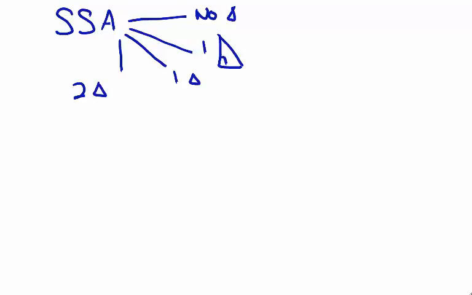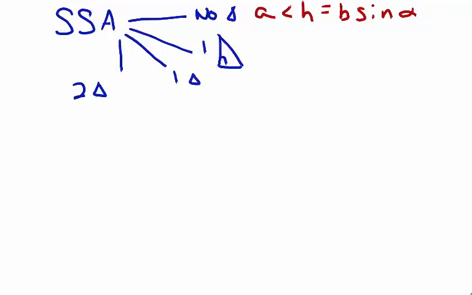How do we determine whether an SSA triangle fits one of these cases? If there is no triangle, then the given side A will be less than the triangle's height equal to B sine of alpha, where B is also a side, and alpha is our given angle.